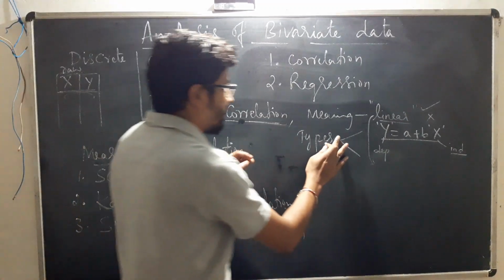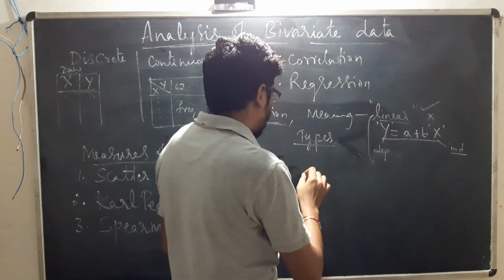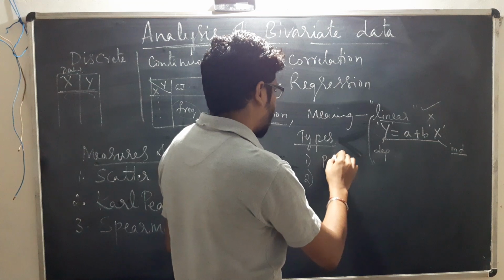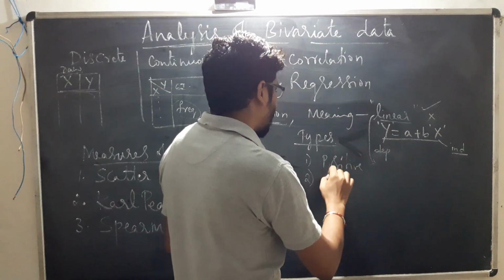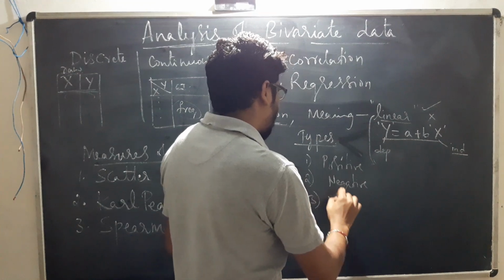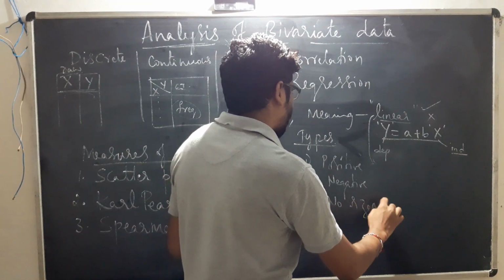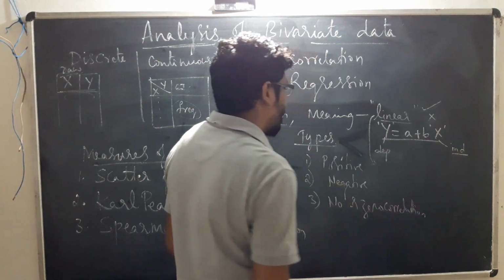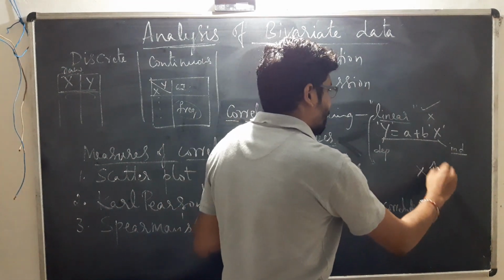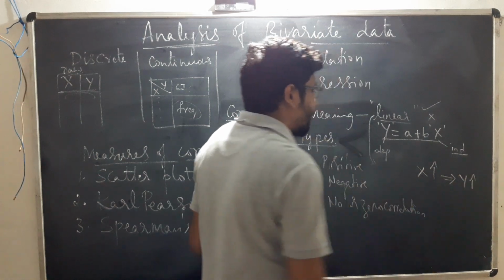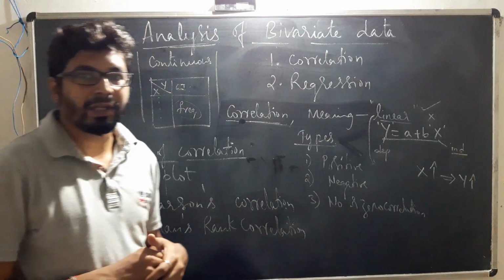Now coming to the types of correlation, based on the sign of the value of the correlation, you could categorize correlation into positive correlation, negative correlation, and the third case, no or zero correlation. When you observe that an increase in x leads to an increase in y, then we say x and y are positively related.